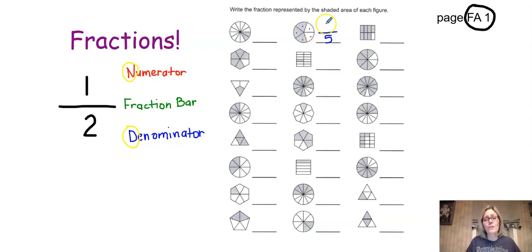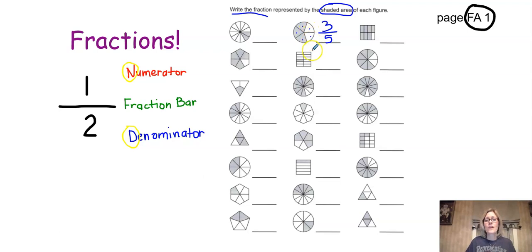And then my numerator is how many pieces are shaded. I know it's going to be the shaded part because in my instructions up here, it told me that I need to write the fraction for the shaded area. Now, if it had said unshaded, I would have needed to count the things that didn't have color in them.